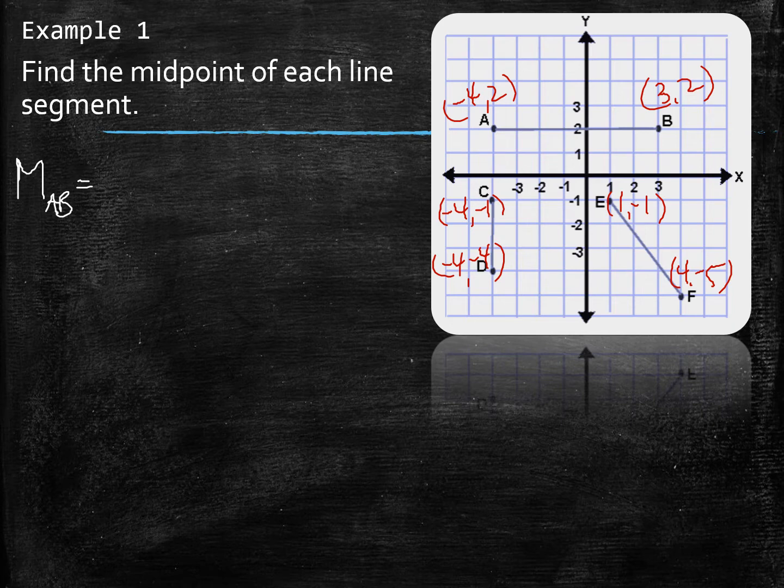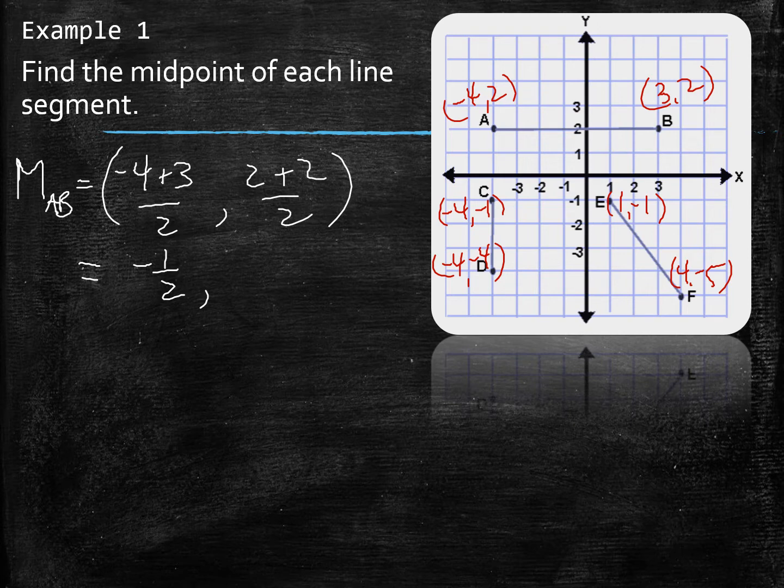So x1 plus x2, negative 4 plus 3 divided by 2, and y1 plus y2, 2 plus 2, divided by 2. Negative 4 plus 3 is negative 1, over 2, and 2 plus 2 is 4, divided by 2 is 2. Now negative 1/2, that's a nice decimal, so if you want to write it as negative 0.5, you can. I'm going to leave it as a fraction.